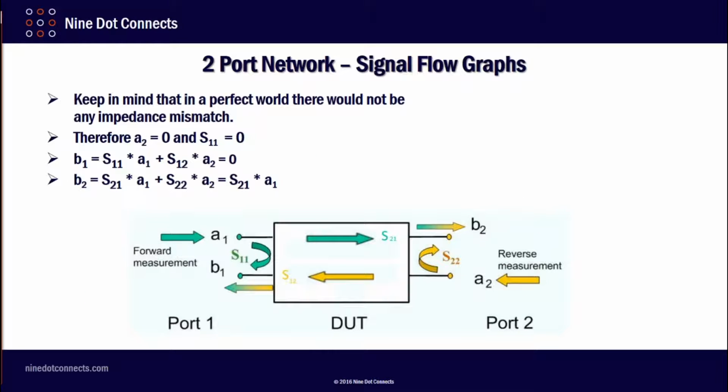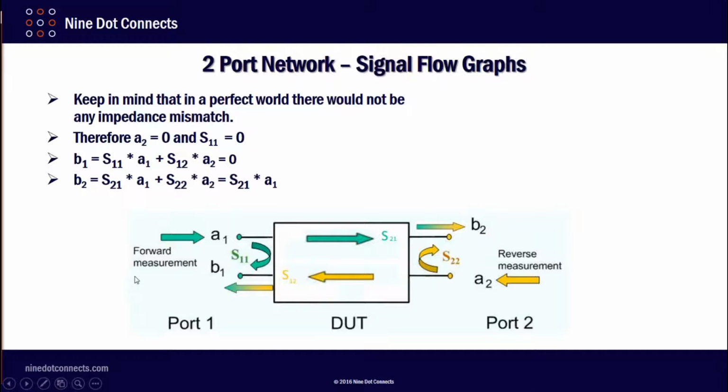Keep in mind that in a perfect world, there would not be any impedance mismatches. Therefore, A2 would be 0. In other words, my load would not create any reflection. And S11 would not exist because the impedance of my source is going to be matching the impedance of my transmission line. Under those two conditions, B1 ends up equaling 0.